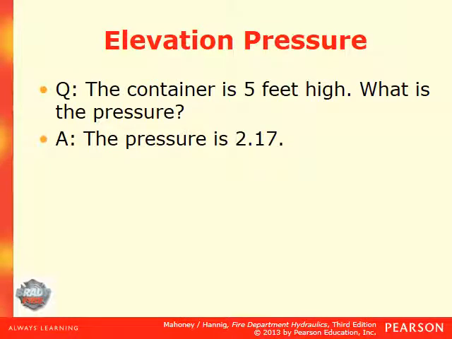Okay, so we're going to have multiple steps in solving this particular problem, remember. So let's go ahead and break this down with the first step. So our container is 5 feet high. What is the pressure going to be? And our formula for pressure is P equals 0.434 times height. So P equals 0.434 times height.